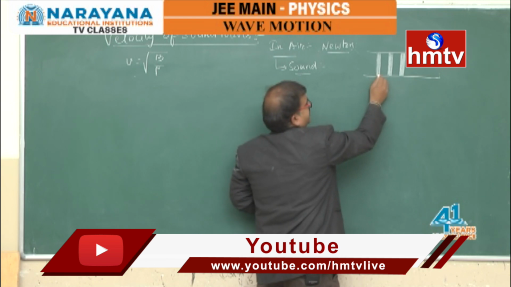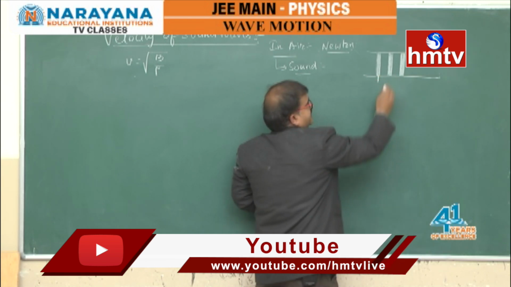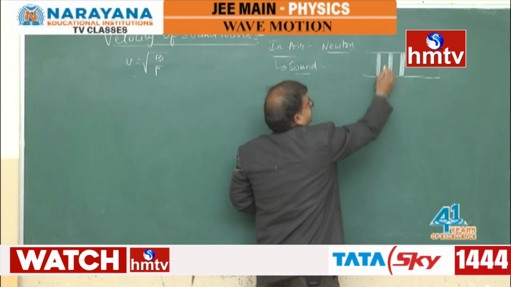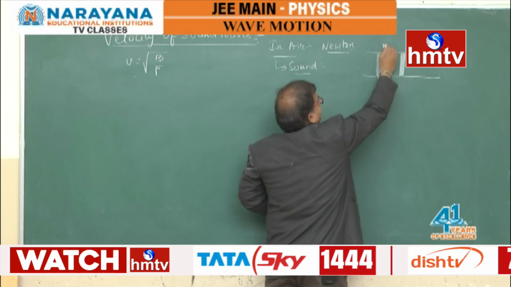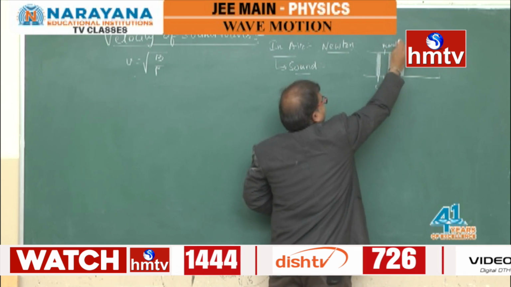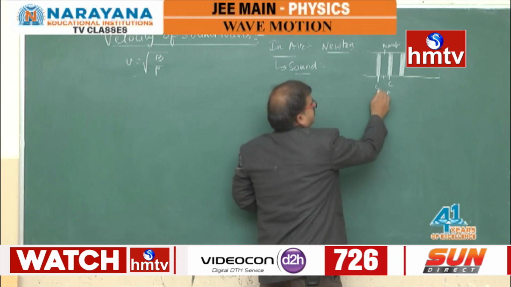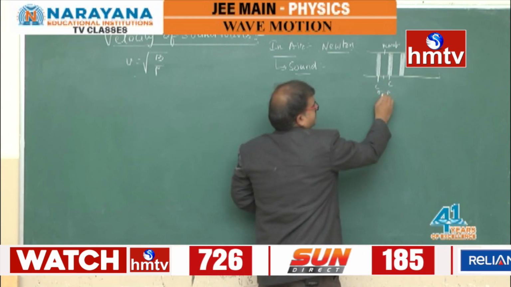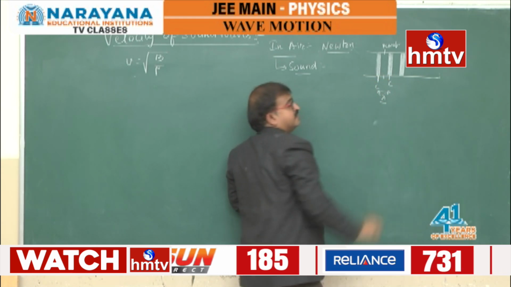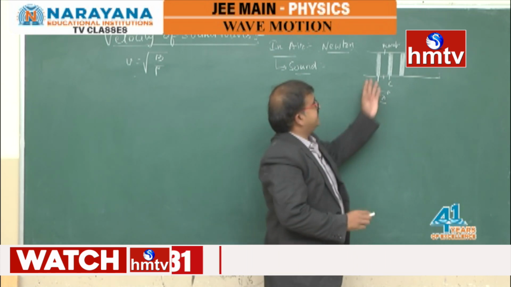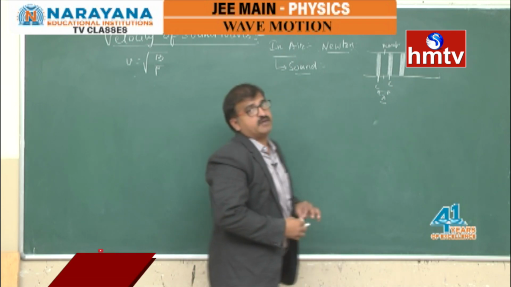Compression is where the pressure is maximum, rarefaction is where the pressure is minimum, again compression. Between these two points, if you take the medium exactly, that is nothing but the wavelength. So the variation in pressures takes place in the compressions and rarefactions.